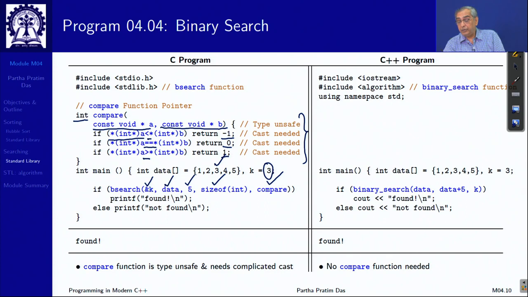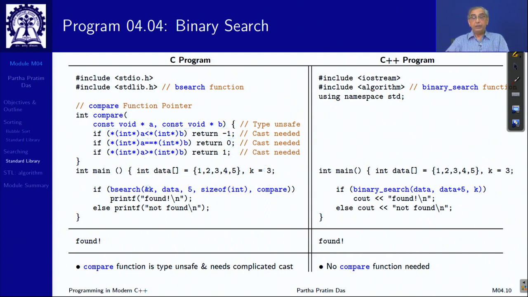If you want to do that similar thing in C++, again the algorithm component has a binary search function given. All that you need to give, you can understand, is that you do not need to provide any size parameter; you need to give the range, data+5, like before.